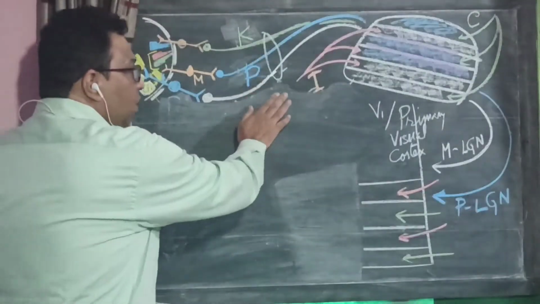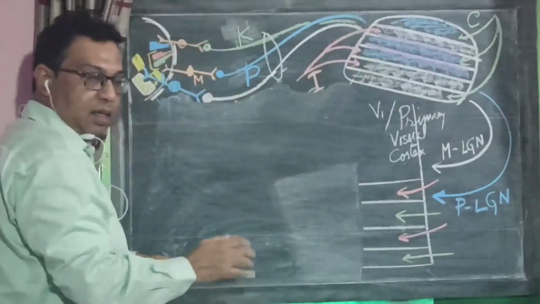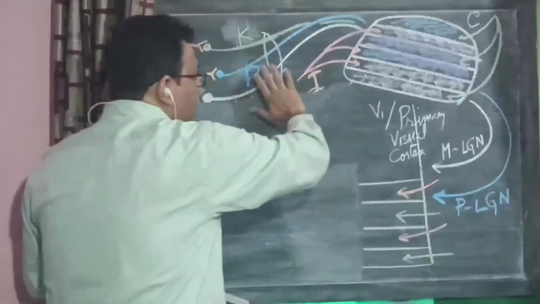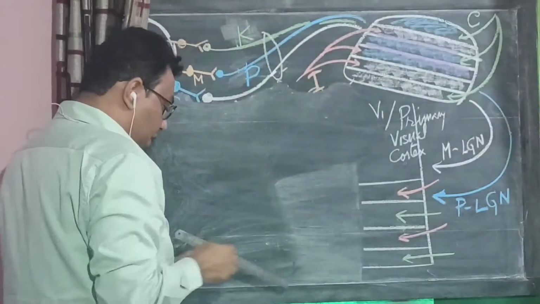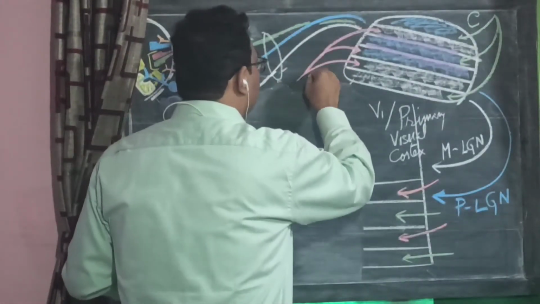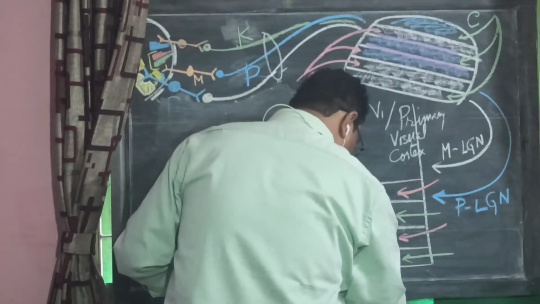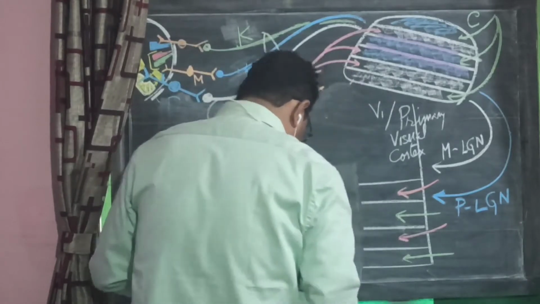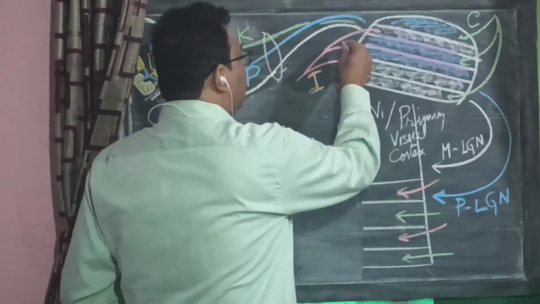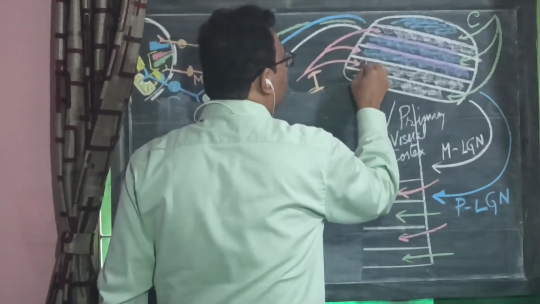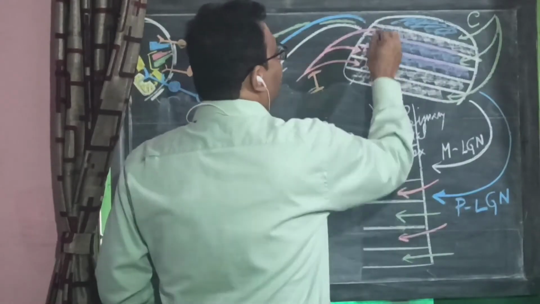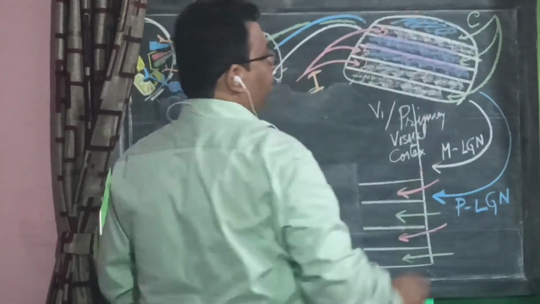The fibers which are coming from the temporal aspect of the eye, the ipsilateral fibers, will be signaling to the second layer, layer 3 and layer 5.